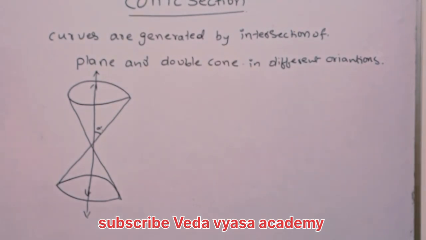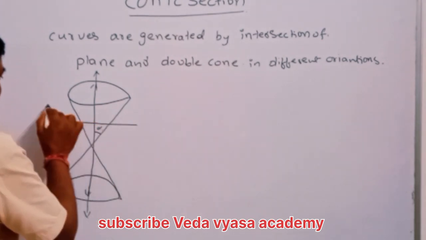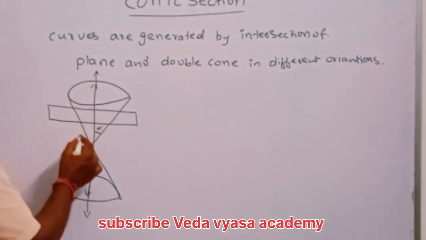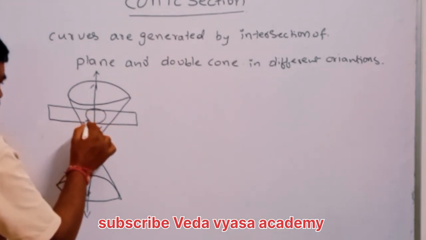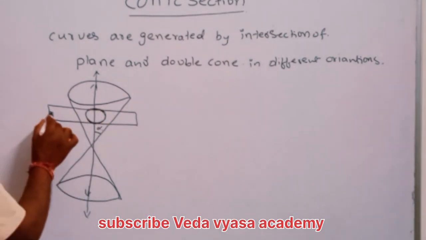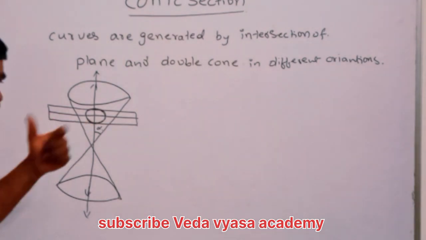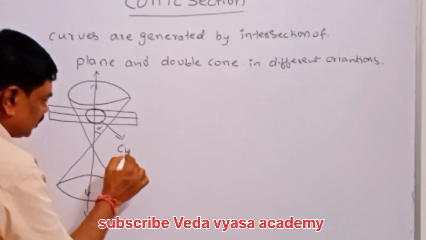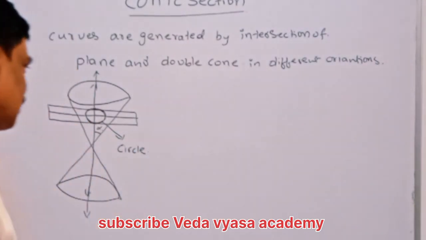Suppose a plane intersects like this, then one conic section is formed. This conic section is a circle.